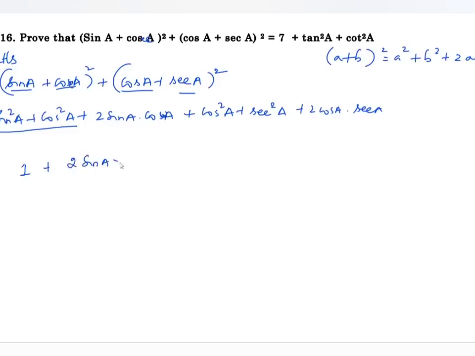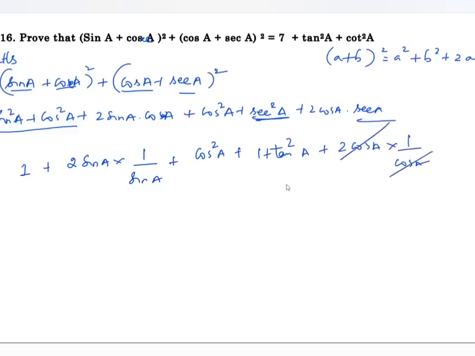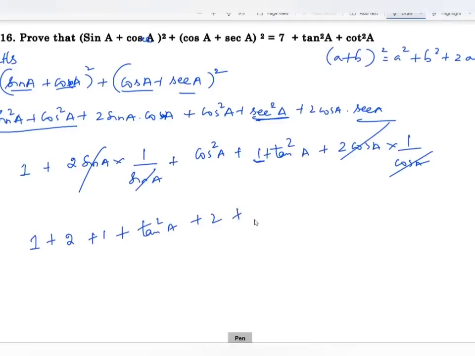Cosecant A can be written as 1 by sin A, and secant A as 1 by cos A. Sin A, cos A will cancel out.